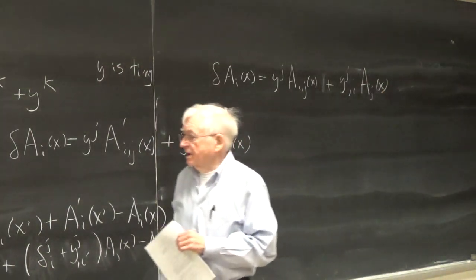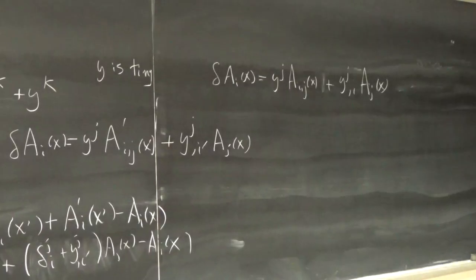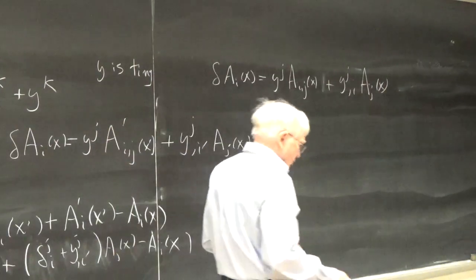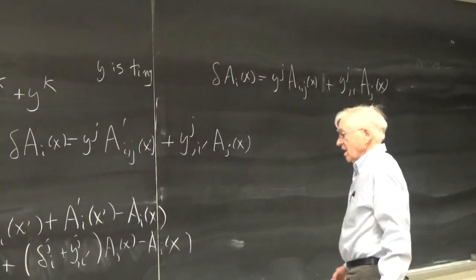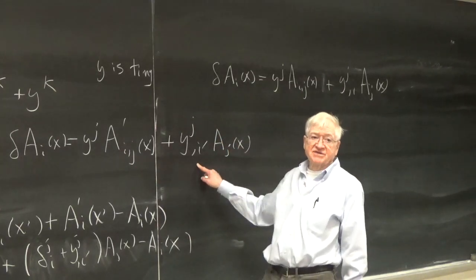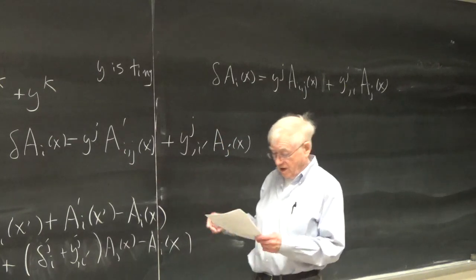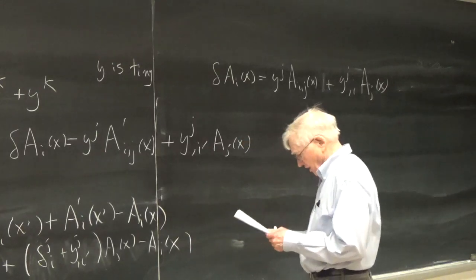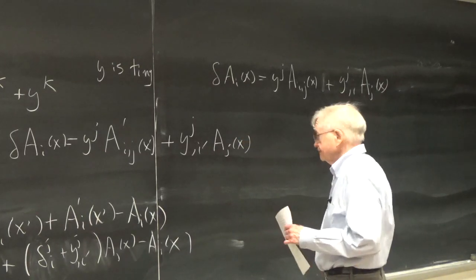Keeping in mind that all these changes, a to a' and x to x', are linear in y, which is infinitesimal, and we already have a right-hand side that has 1 power of y. We don't want to keep 2 powers of y.